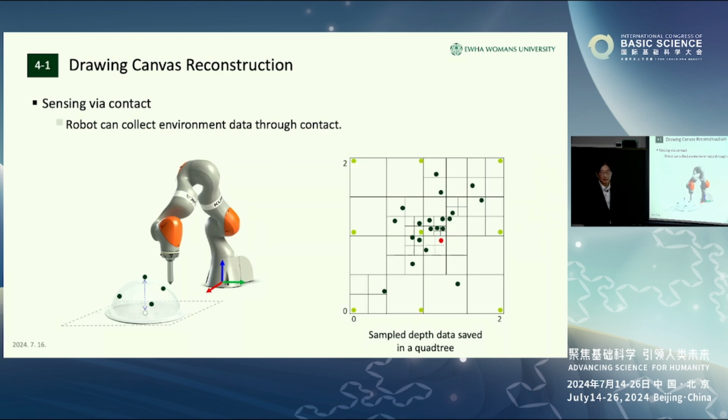Then we store it in some proximity data structures, like, in our case, a quadtree or KD-tree, so that random points which were not sampled can be approximated using typical bilinear interpolation. Some points can be interpolated with these neighboring sample points, so that you have a rough geometry of your target canvas. That's so-called sensing by contact.